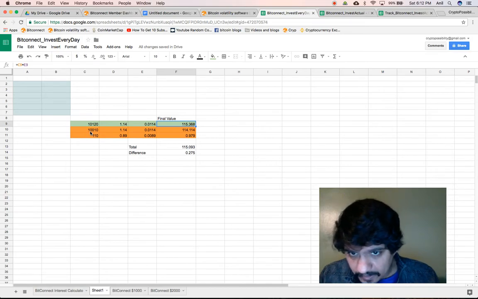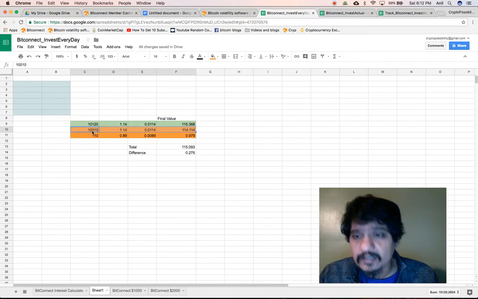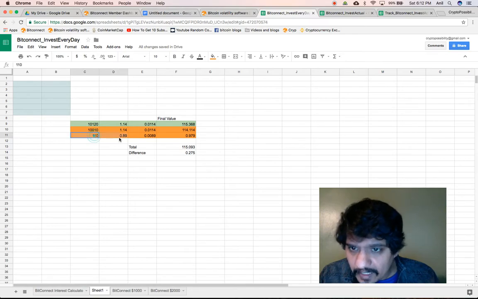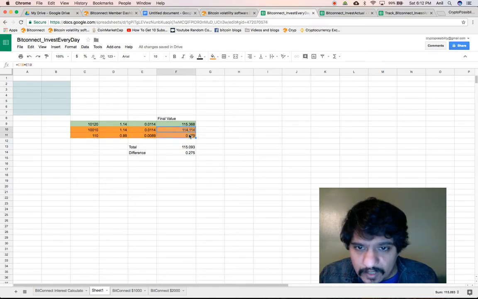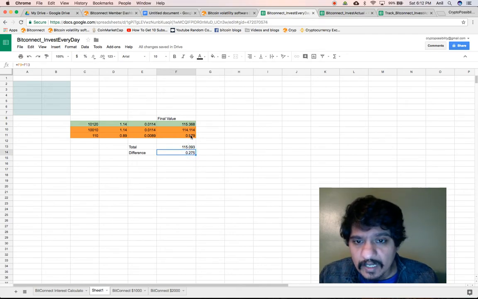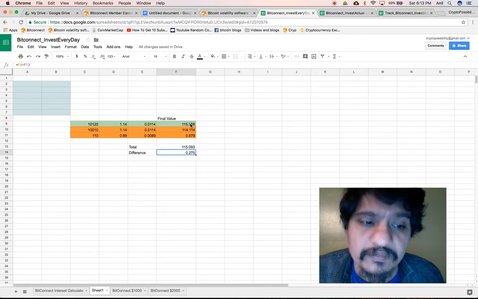But what it should have been is 1.14 interest for $10,010, and only 0.89% for $110. If you did that, you would get these two values, and when you add them, you get 115.093. So there is a difference of 0.275 cents between what is actual and what this calculator gives.